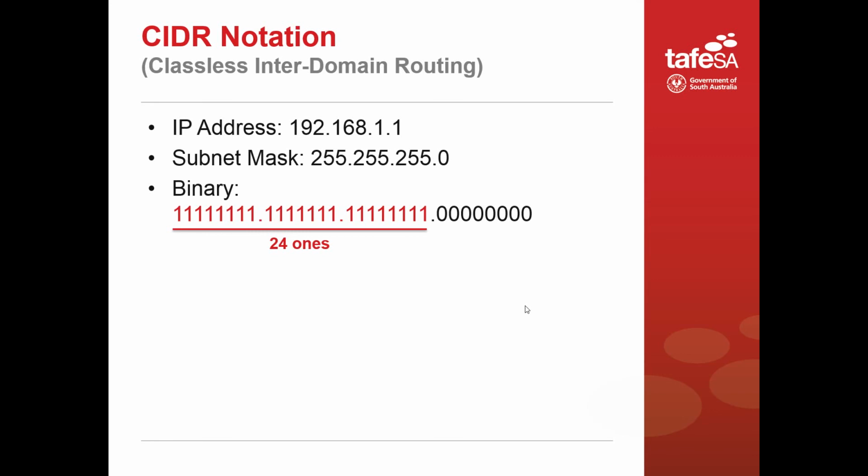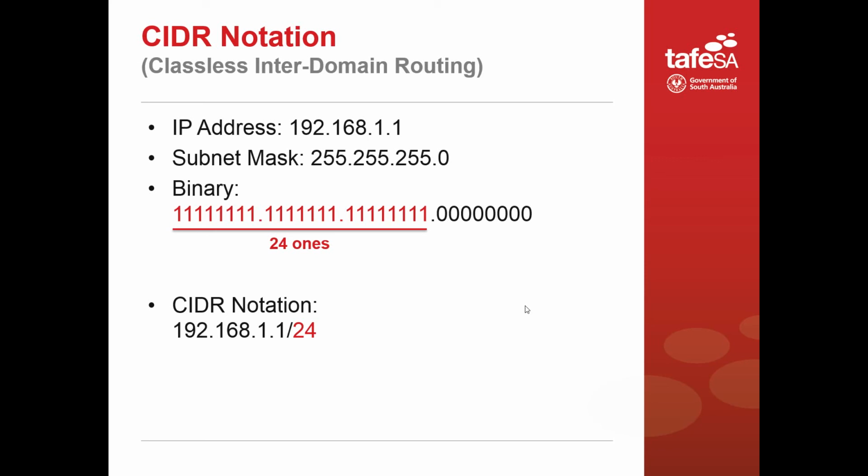Instead of writing out this whole subnet mask, what we can do is write 192.168.1.1/24. And as you get familiar with writing these IP addresses and working out the network ID, you'll know off the top of your head that if you see a subnet mask with 3 octets, that's going to be 24 ones.